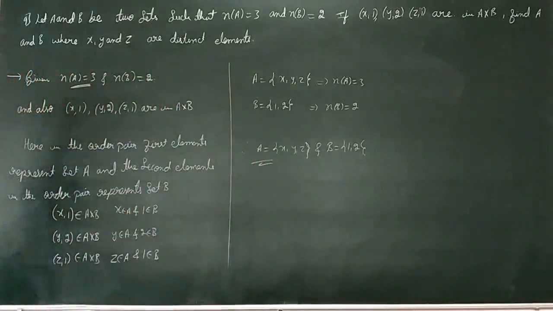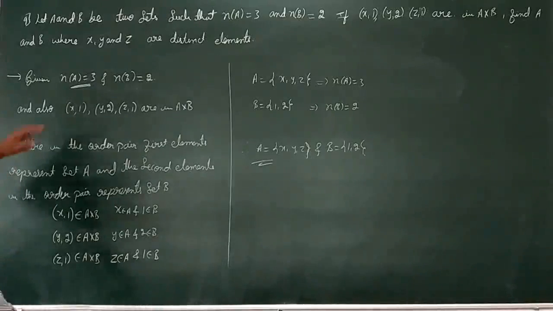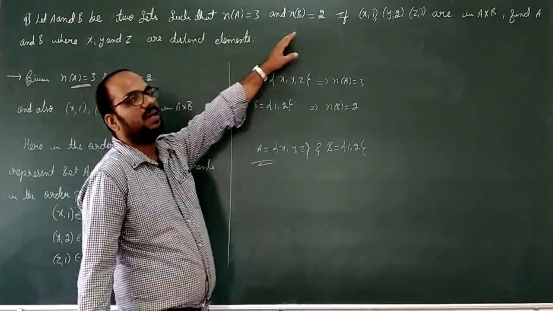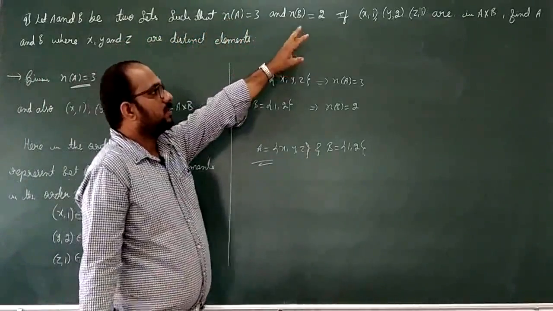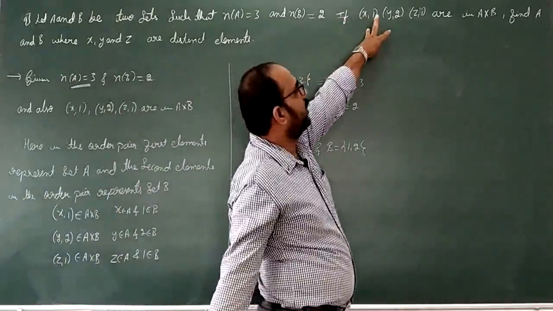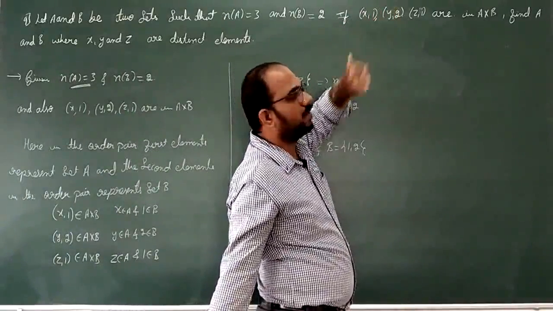Write down. In the ordered pairs, in set A there are 3 elements in total, and in set B there are 2 elements. 3 ordered pairs are given, (x, 1), (y, 2) and (z, 1).